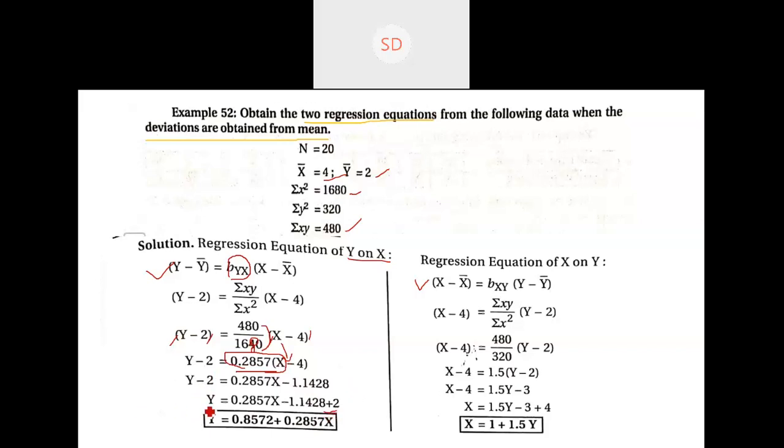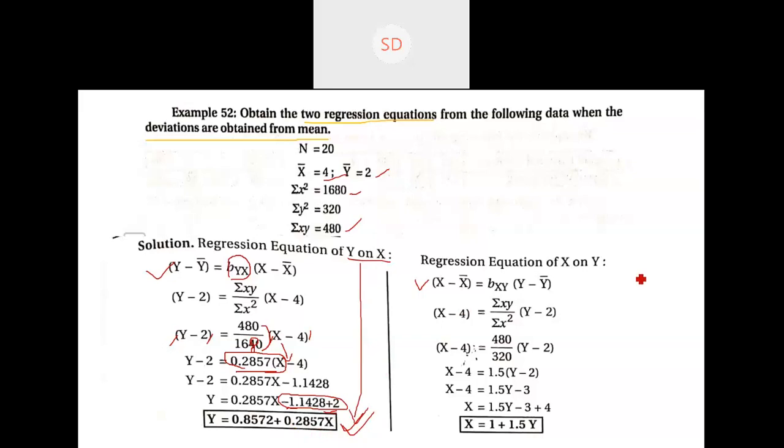So I get a regression equation of this form, that is y is equal to 2 minus 1.1428, which will give us positive 0.8572, plus 0.2857x. So this is the regression equation for y on x.